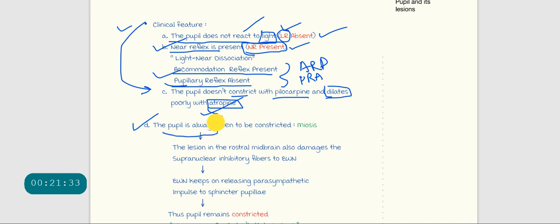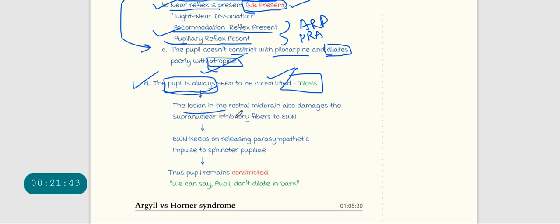Due to the lesion, the rostral midbrain is damaged, so the supranuclear inhibitory fibers of the Edinger-Westphal nuclei keep releasing parasympathetic impulses, due to which there is pupil constriction. We say the pupil does not dilate in the dark due to this phenomenon.